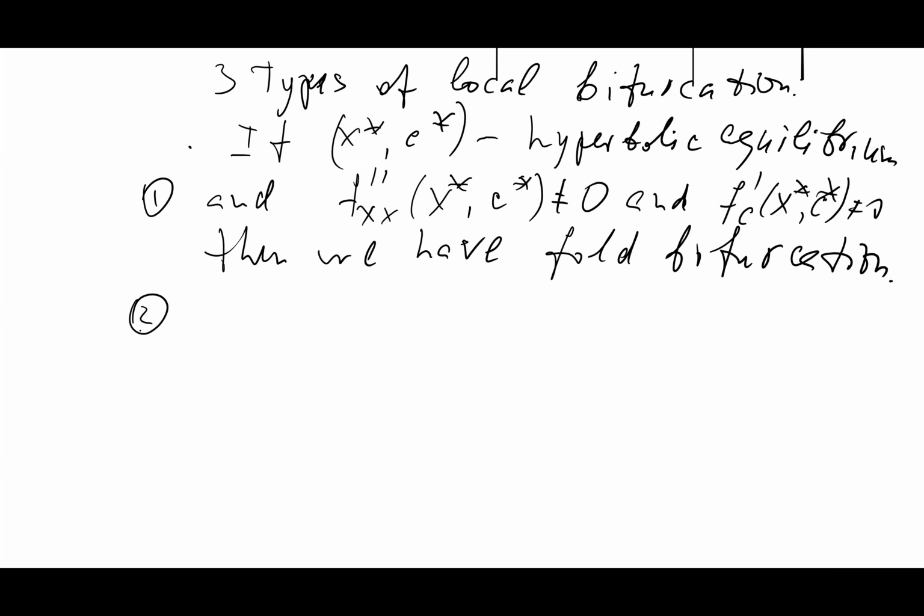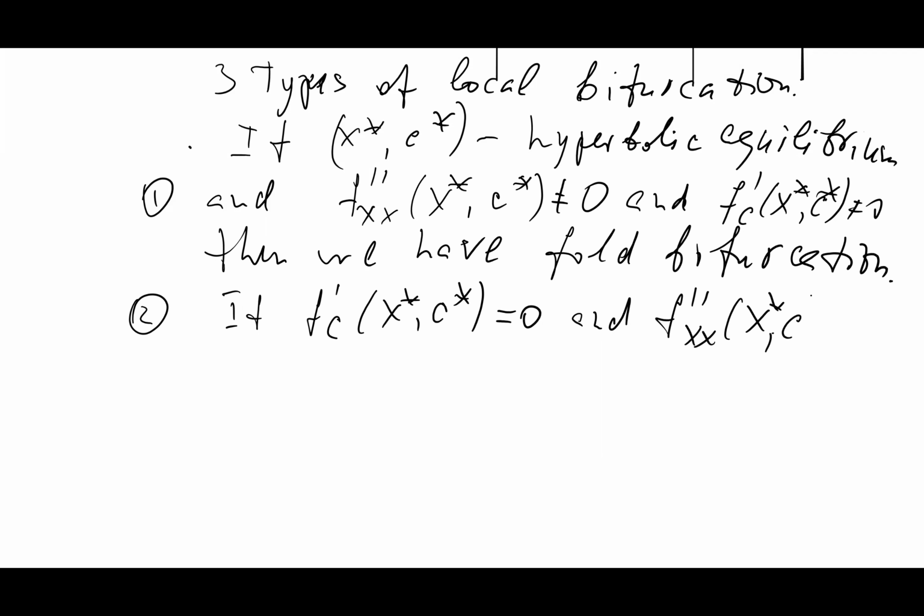So if these conditions are broken, namely if the first derivative over c is zero and the second derivative over x is not zero and the mixed second derivative at the equilibrium is also not zero, then we have so-called transcritical bifurcation.